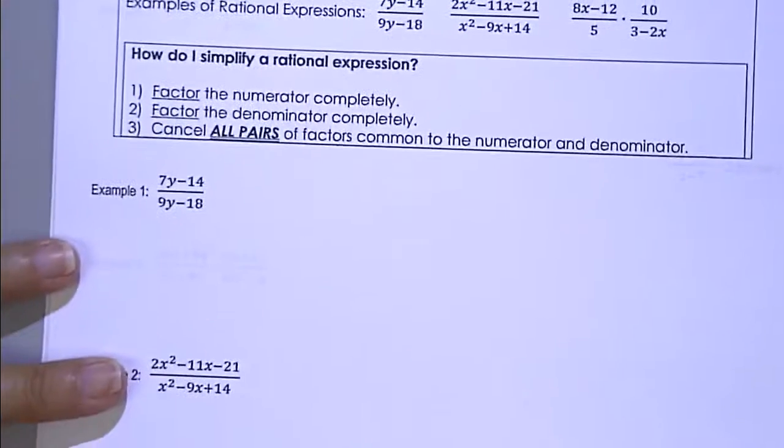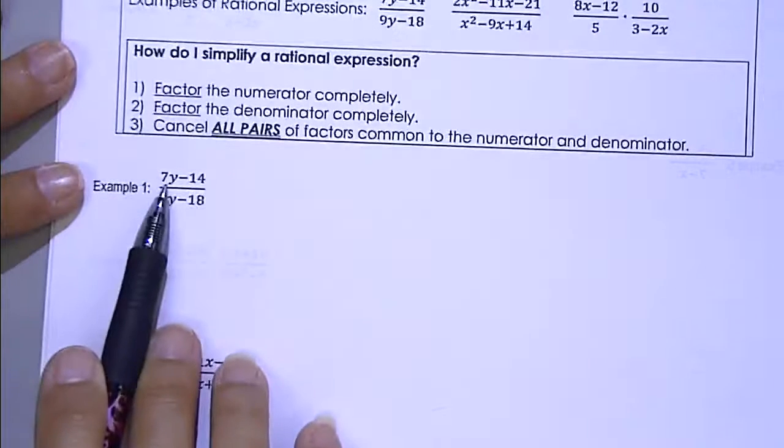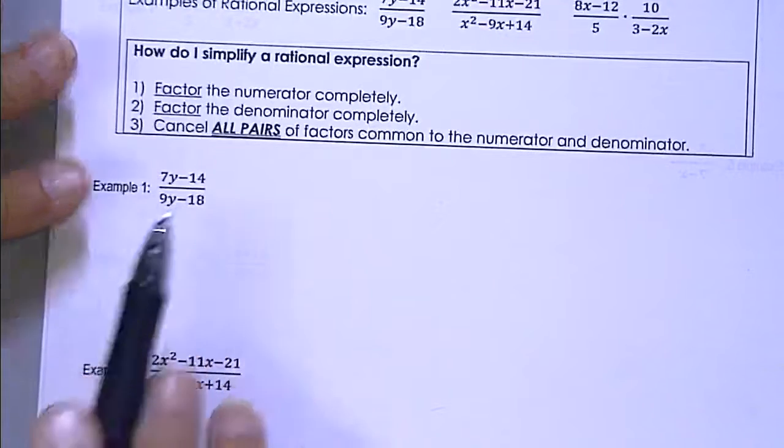It really says 7y minus 14 over 9y minus 18, and as it is, they do not reduce. The reason they cannot reduce, note this, okay? There's addition or subtraction or both in either the numerator or the denominator or both. In this case, there's subtraction in both of them. So if I had all multiplication, if everything here was multiplied in the numerator and all of these terms in the denominator were all multiplied, we wouldn't be doing what we're going to talk about doing now, okay?